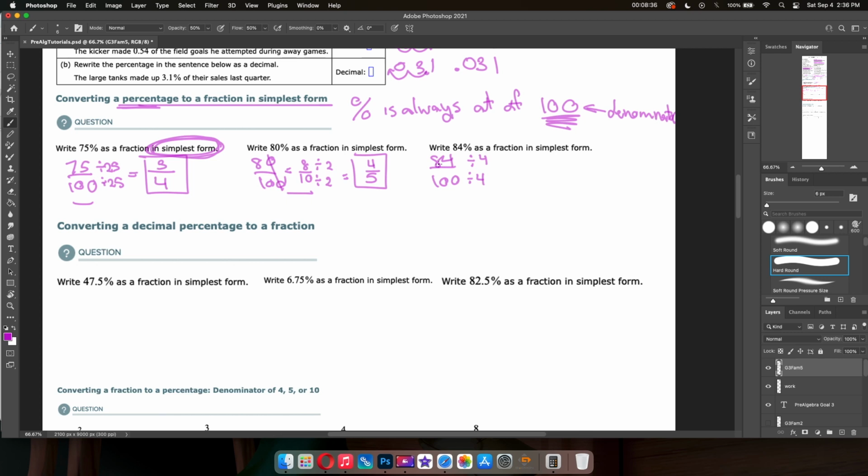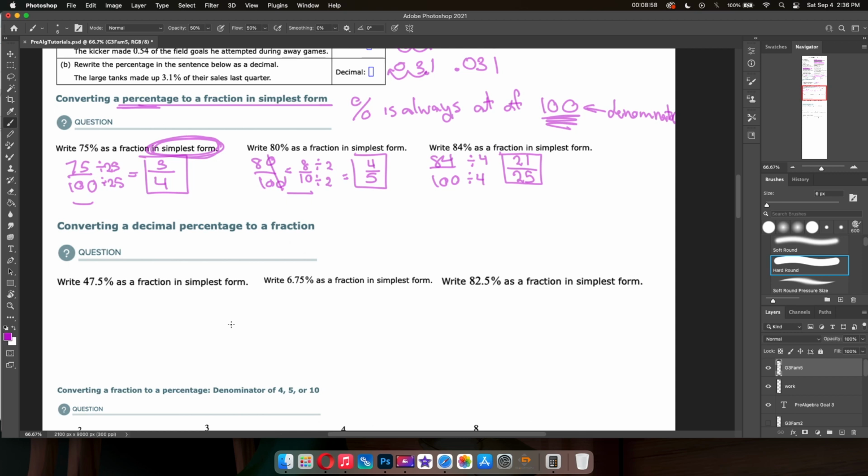We'll see. 84 divided by 4 is 21, and then 100 divided by 4, how many quarters are in a dollar? 25. And does that break down? Actually, no, it doesn't. Hey, we got lucky. And then we can now have our final fraction. 21 over 25 does not simplify.